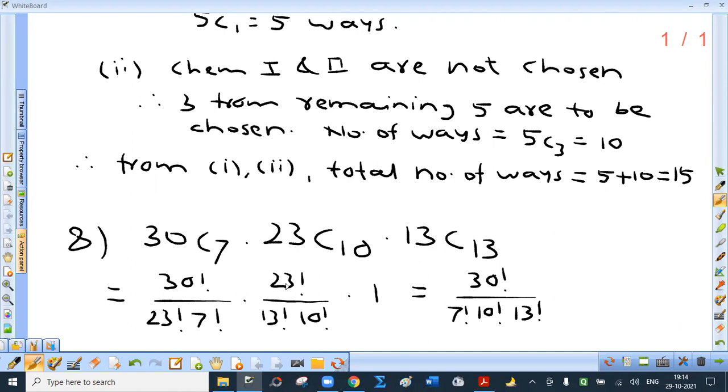Next line. From 30 objects, 7 can be selected in 30C7 ways. Full stop.